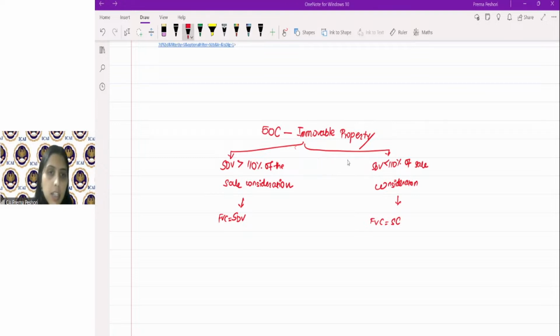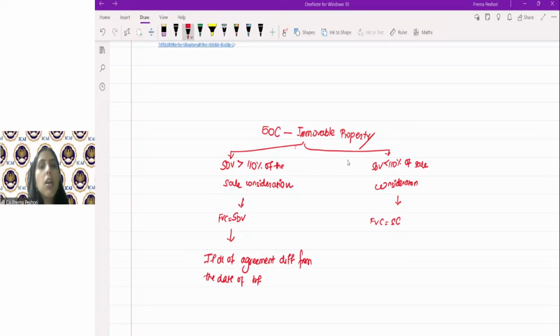If the date of agreement is different from the date of transfer, then the stamp duty value has to be taken on which date?